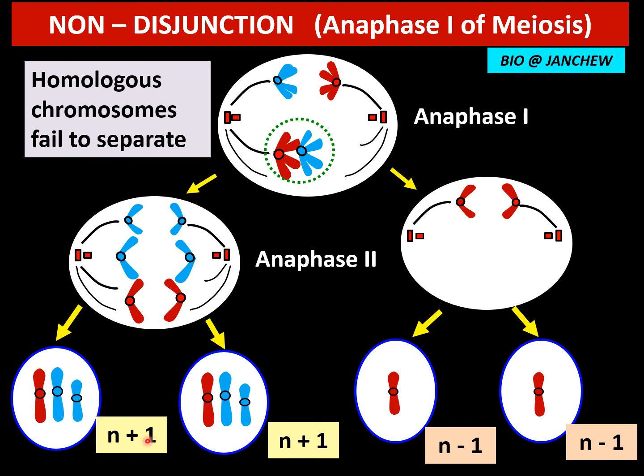For the Down syndrome child, one of the gametes will have 24 chromosomes, n plus 1, 23 plus 1 equals 24, and the other gamete that fuses with it is normal. So 24 plus 23 becomes 47 chromosomes.